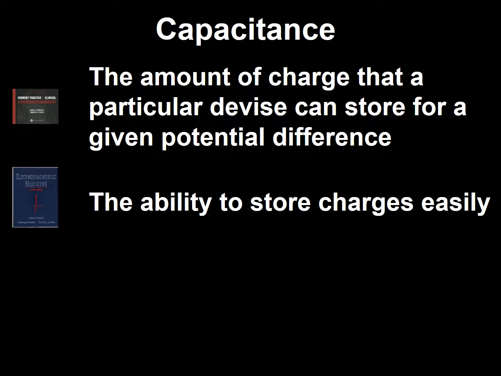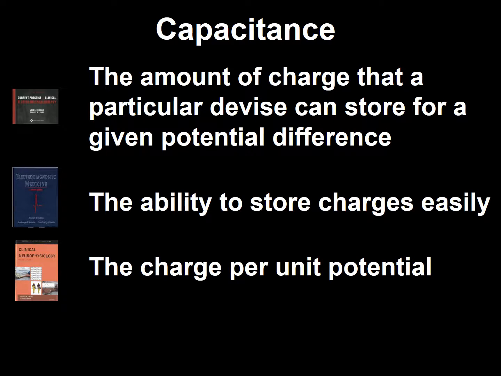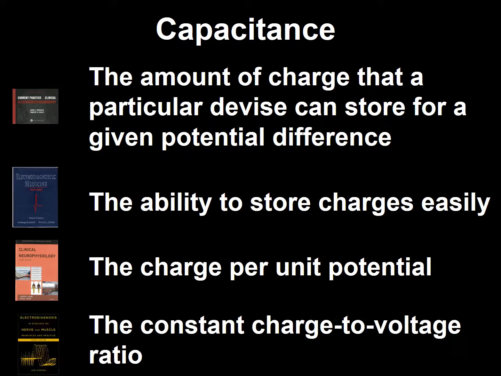In electrodiagnostic medicine, it has been defined as the ability to store charges easily. In Jasper, it has been defined as the charge per unit potential, and in Kimura as the constant charge to voltage ratio.